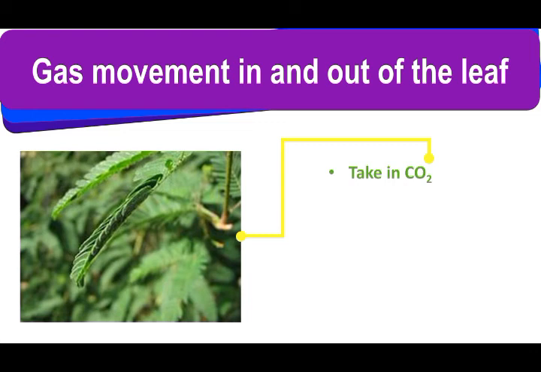Now, what is stomata for, and why does gas have to move in and out of the leaf? Gas moving in and out of the leaf is to take the carbon dioxide in, and it can also keep the plants at a cool temperature by evaporating the water vapor, because water vapor, as we know, has a really high temperature.